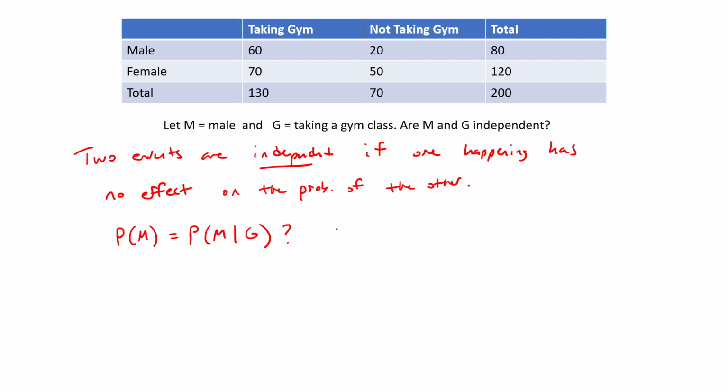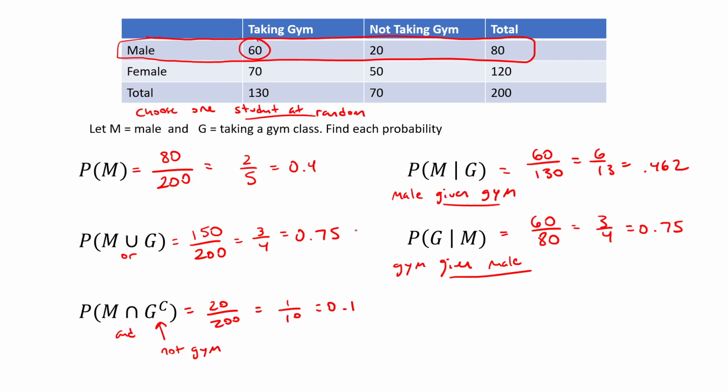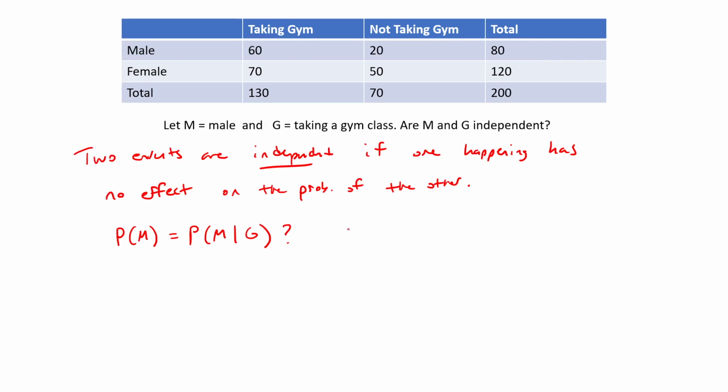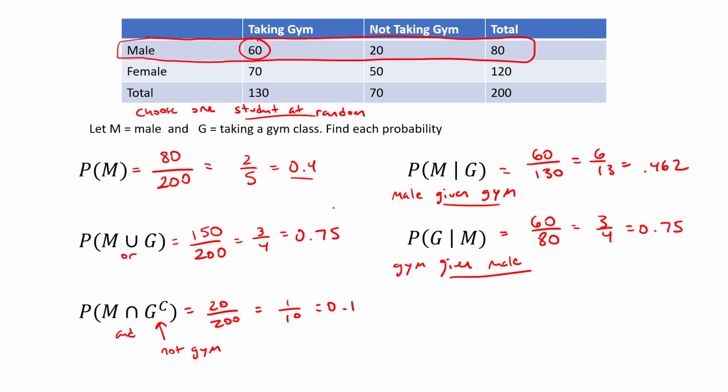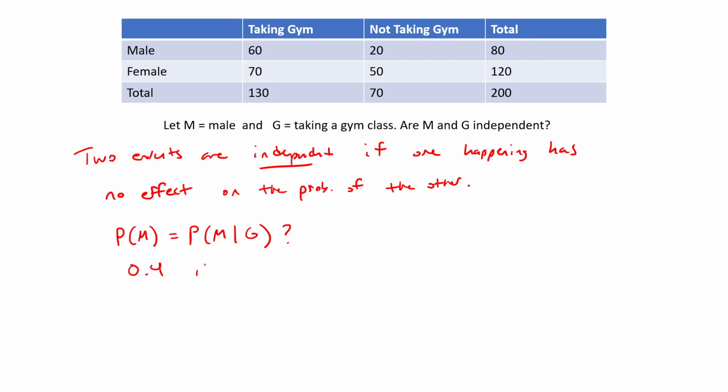And so we would go ahead and check. Now, on the previous slide, we already found these. The probability of male, we said, was 0.4. And the probability of male given gym was 0.462, approximately. Well, those are not the same. Because those probabilities are not the same, these events are not independent.